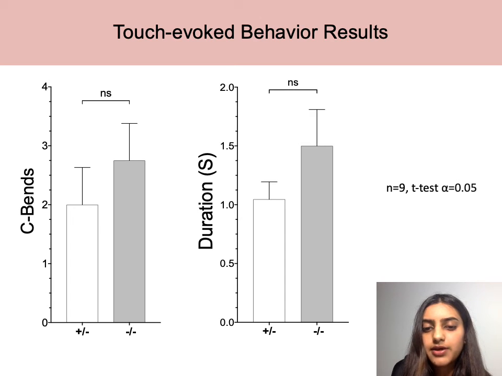However, the N was pretty low, and this is all ongoing data analysis. This was only looking at 9 fish. And so this was probably responsible for high variability among samples and no statistically significant differences. But it'd be interesting to see what we get going forward.